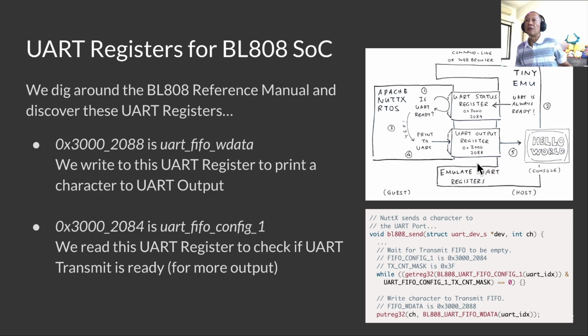We dig around the BL808 SoC and we discover these UART registers. We write to this UART register to print a character to UART output, and we read this UART register to check if UART transmit is ready for more output.